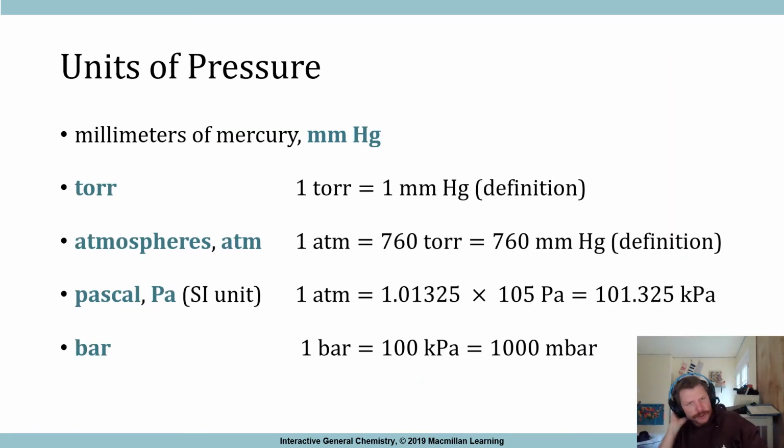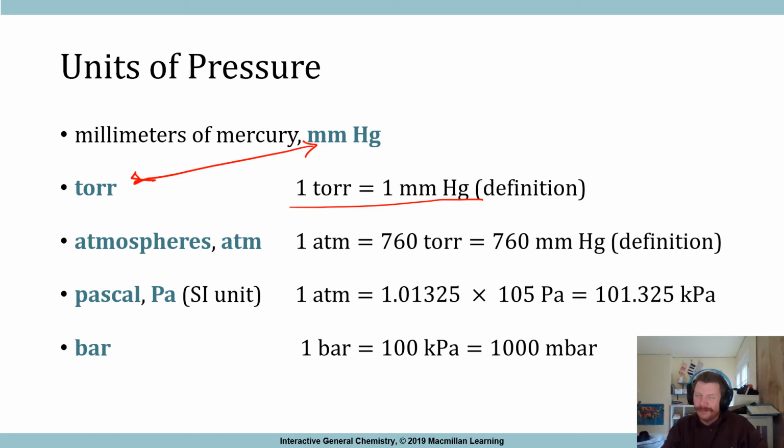Now the units of pressure, one that we kind of toggle between, sort of three of them, is millimeters mercury and torr. Those conversions are super easy. 1 torr is equal to 1 millimeter mercury.